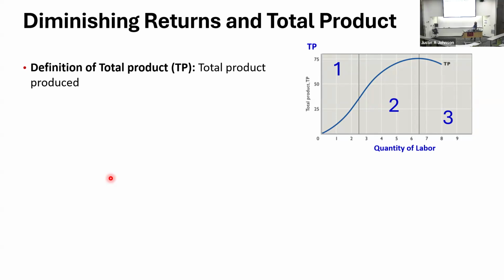And so that's what this graph here is going to describe: as you have some sort of input factor, and in this case that I have on the screen, it's going to focus on labor, but it really could be any of them, but let's just call it labor for now.